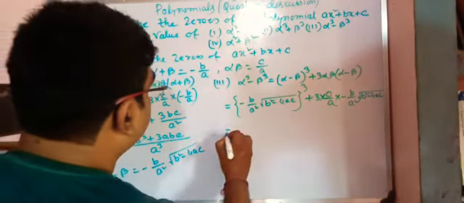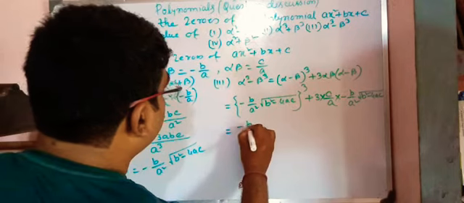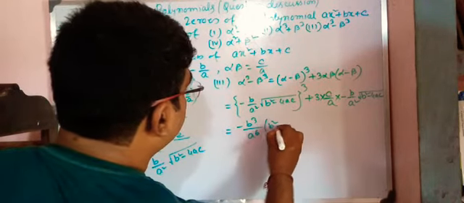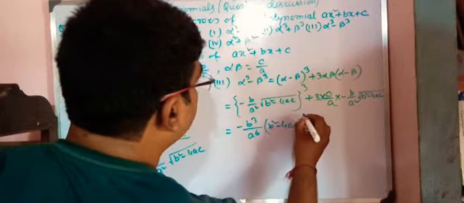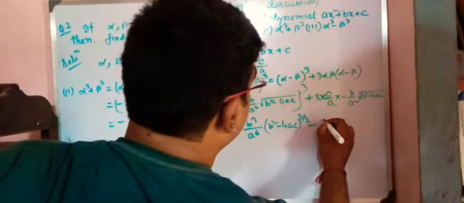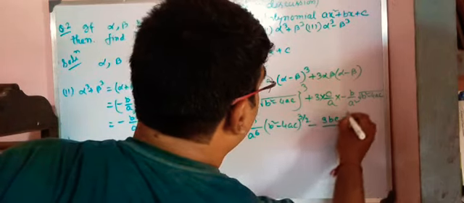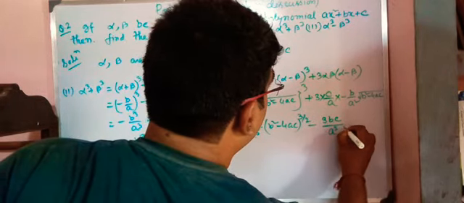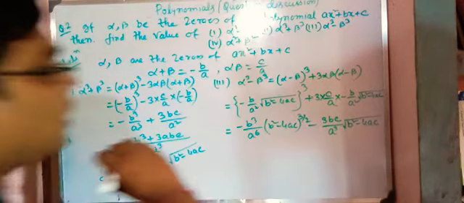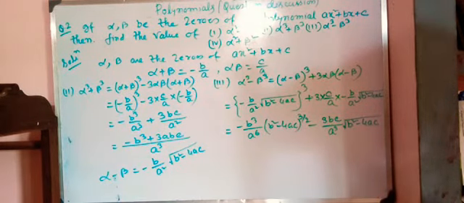So that means this should be minus b cube by a to the power 6 into b square minus 4ac whole to the power 3 by 2, minus 3bc by a cube root under of b square minus 4ac. Understood? So that will be the answer for alpha cube minus beta cube. Hope you are able to understand it.